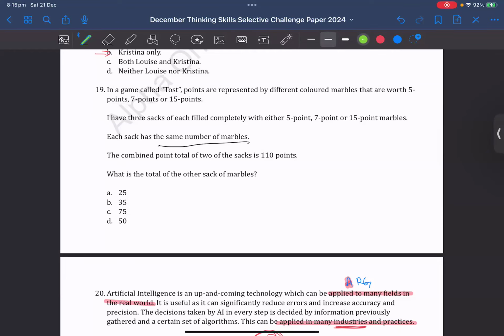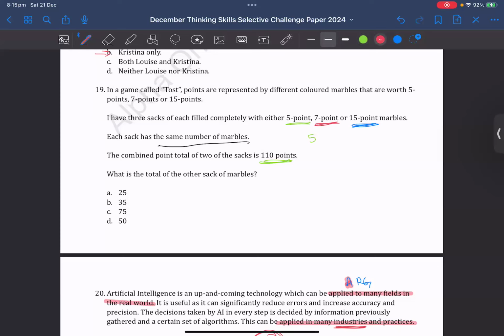The key thing for this is to understand that the combined point total of 2 sacks is 110. So you want to find which ones add to 110. Here we've got the 5 point, the 7 point, or the 15 point. To make it a bit clearer, I'm going to color code so you know how I'm getting this combination.